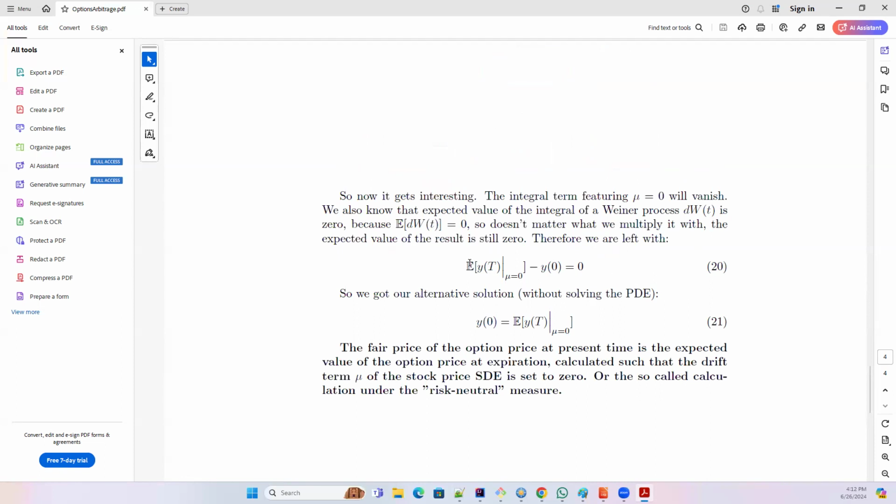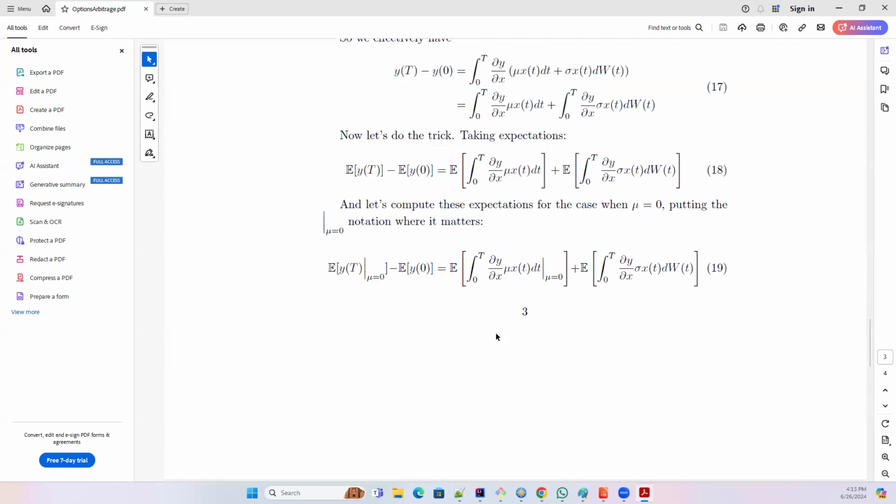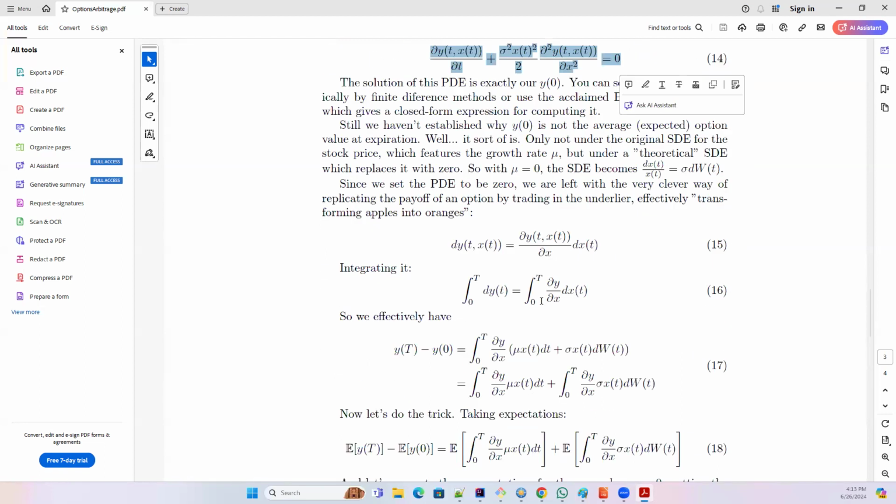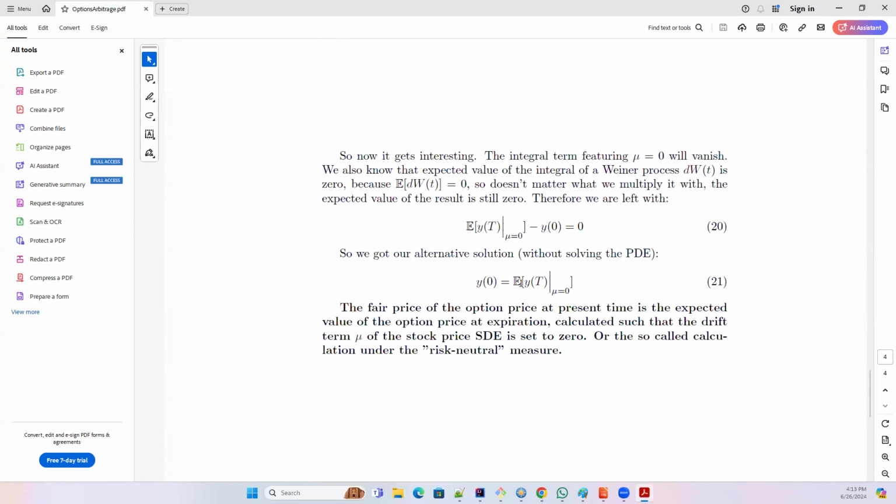So we have this equation which gives the option price now, which is the option price calculated using this PDE. It's also equal to the expected value of the option at expiry, but when mu equals 0.